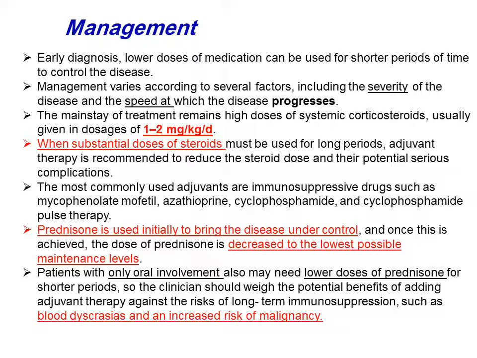Blood dyscrasia and increased risk of malignancy may be side effects of using this medication. So using this medication should be a balance between the severity of the disease, the systemic health of the patient, and other factors.